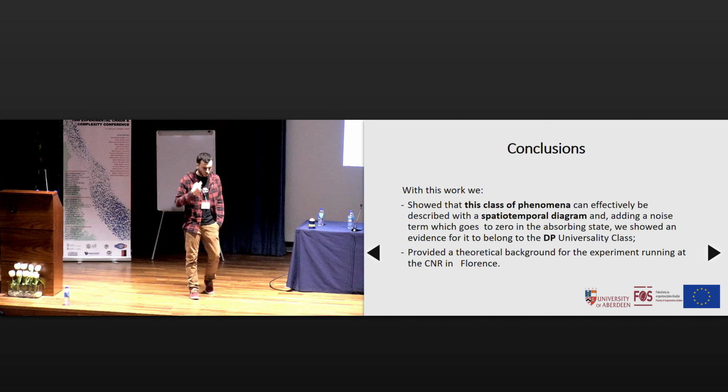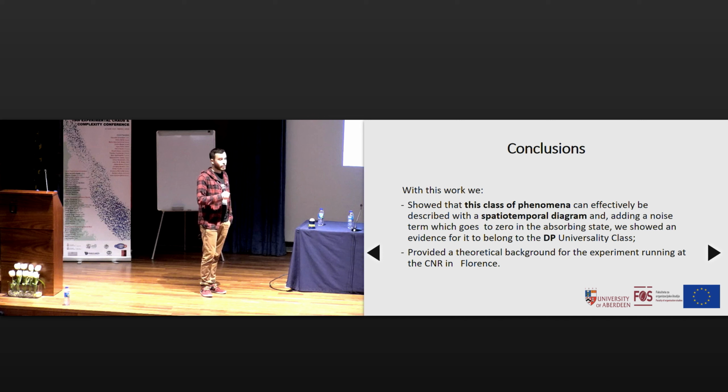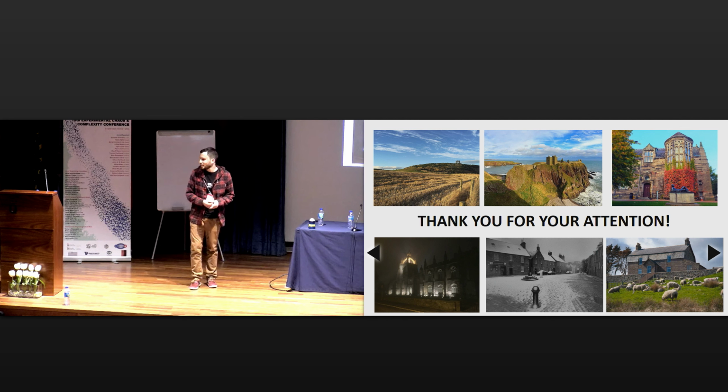It was really important also to bring a strong background for the experiment running in Florence. I hope I didn't bore you, but I'm gonna make some publicity for the place I come from. So I'll just show you some pictures, and thank you for the attention.